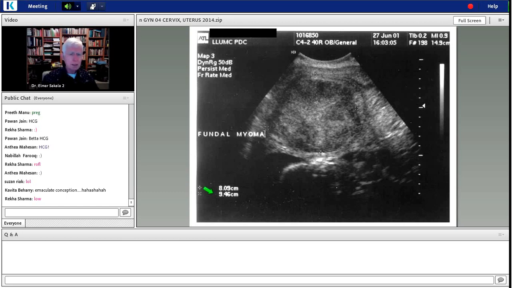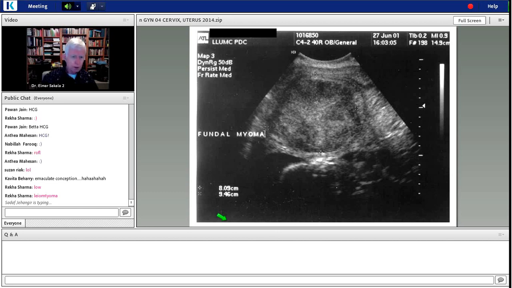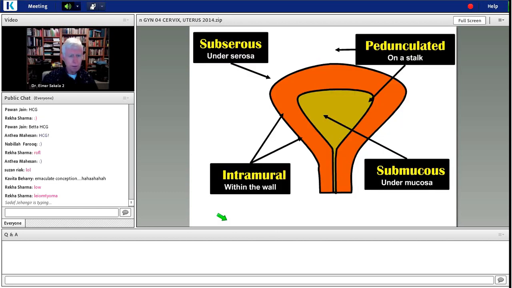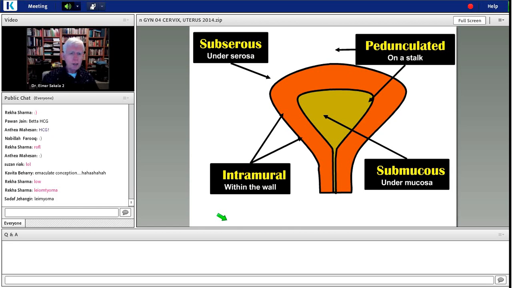This is a classic ultrasound appearance of a leiomyoma. This right here. Smooth muscle, tumor benign. When you look at where could these leiomyomas be located, I'm going to show you using this little diagram that I put together.